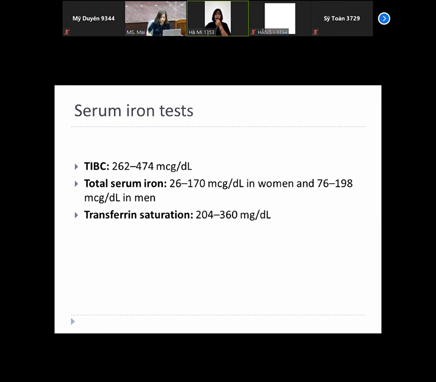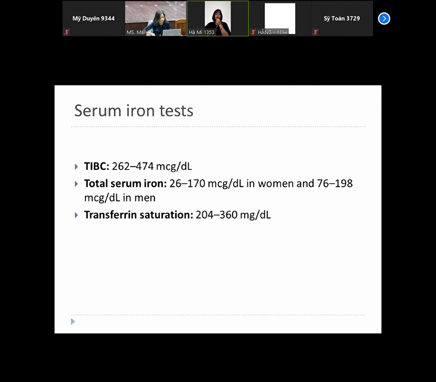Now I will continue my presentation. The test enables the doctor to know more about iron deficiency present in the patient, diagnose hemochromatosis, or monitor a patient with chronic illness.